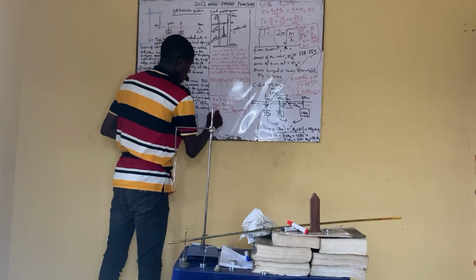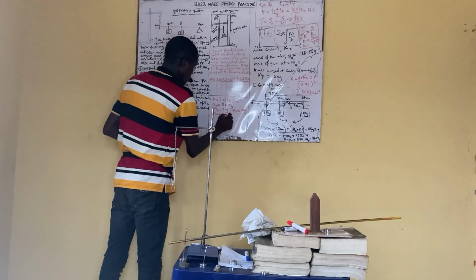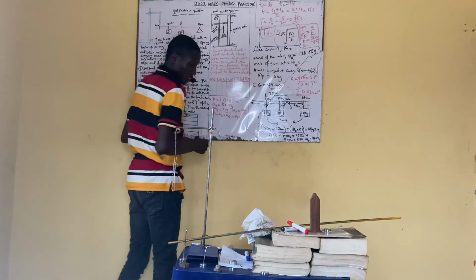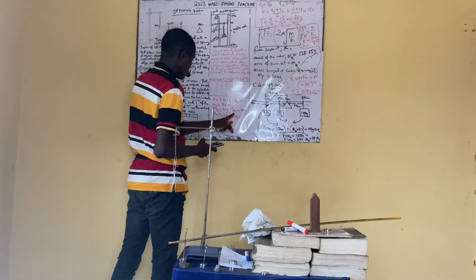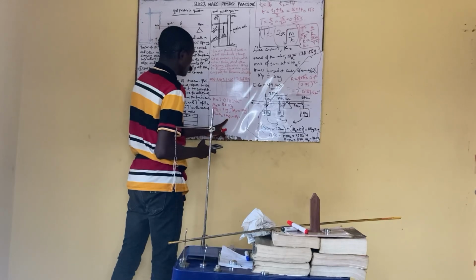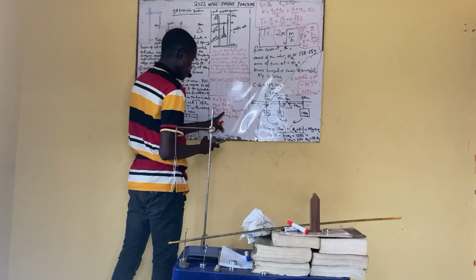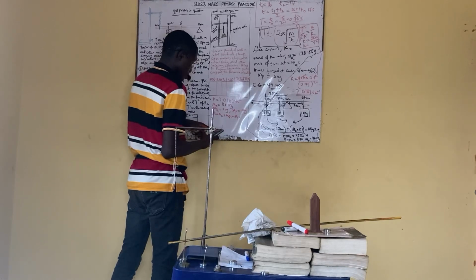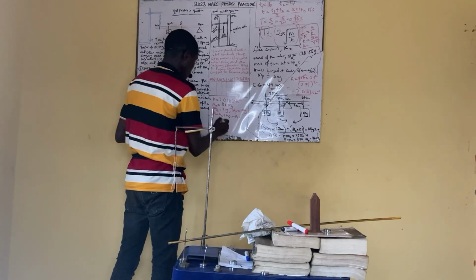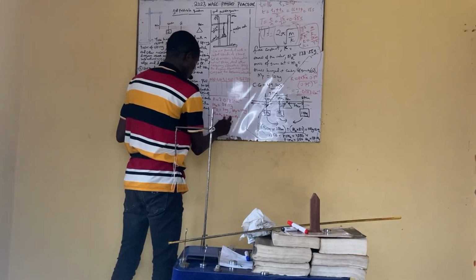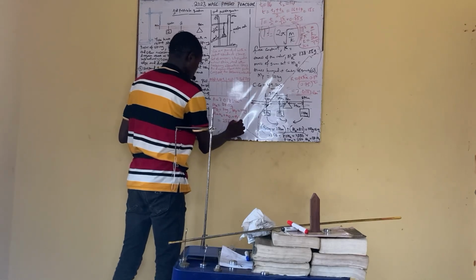Then I will add them together. The total mass acting here will be MR plus MQ1 plus MP. So we have MQ1 is 20, MR is 138.55, plus 100, equal to 258.55 gram.